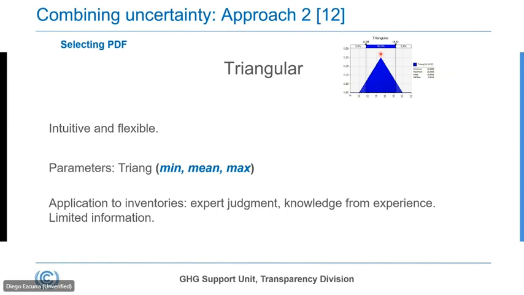It's very flexible in the sense that you may use a triangular distribution for a symmetric or asymmetric distribution. If you just say that the most likely value is closer to the left-hand side or closer to the right-hand side, you may include asymmetry into the triangular. So it's quite intuitive to use.